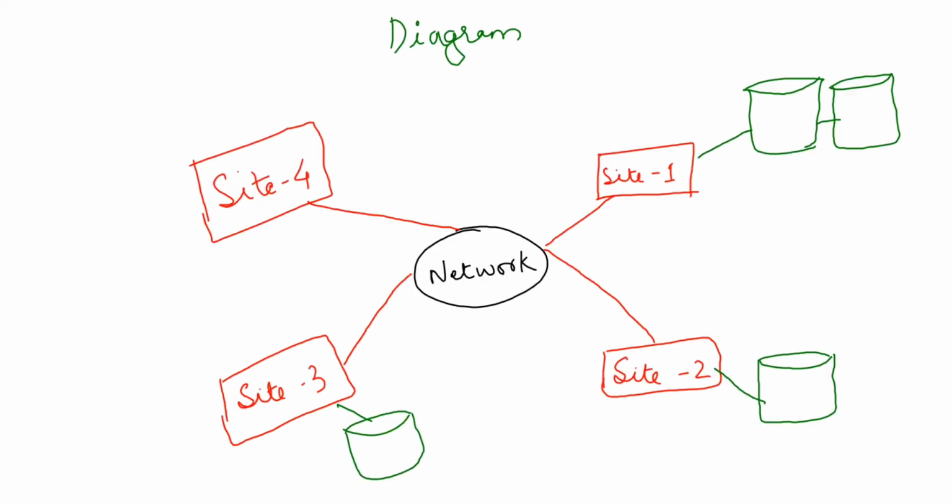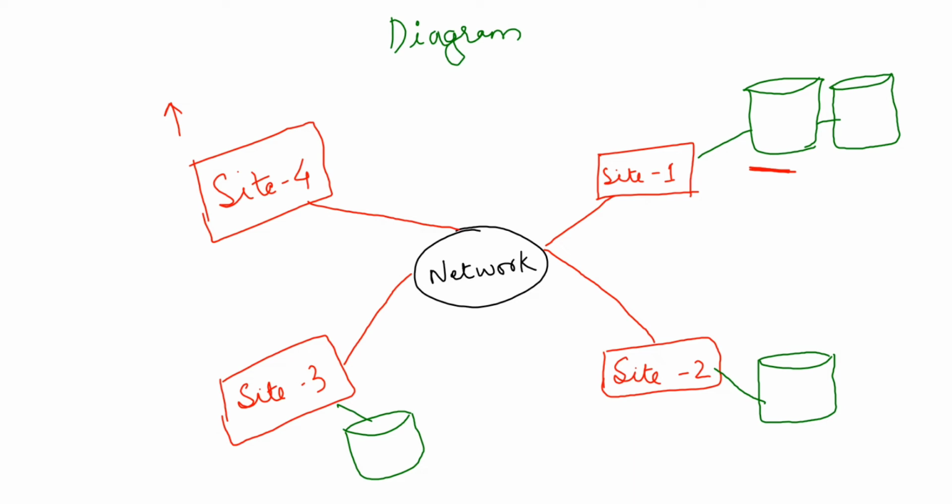Okay, so this is a diagram. As we can see, site 4 has no database stored on it, but site 1, site 2 and site 3 have databases, and these sites are connected through the network. If site 1 wants to access tables stored in its own database, it can do it locally.